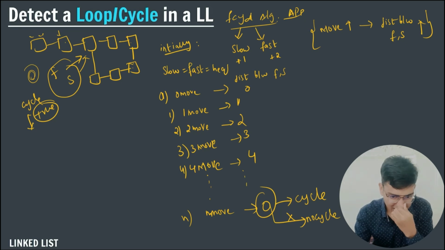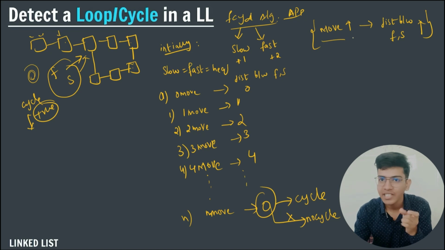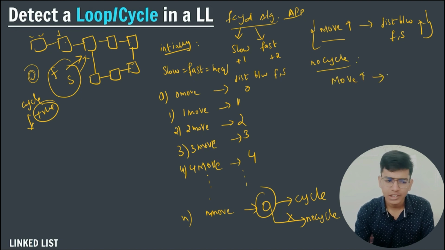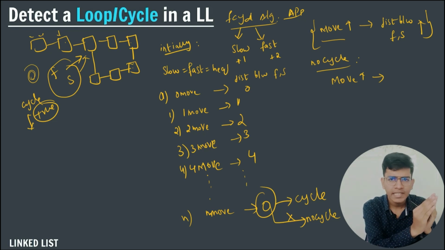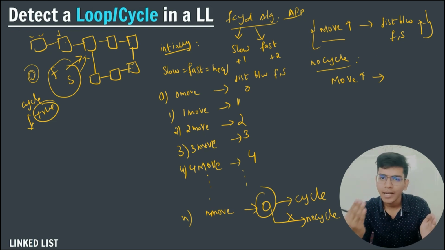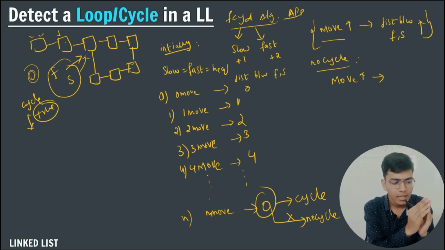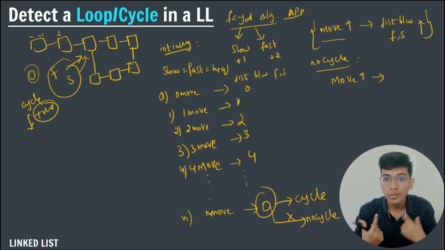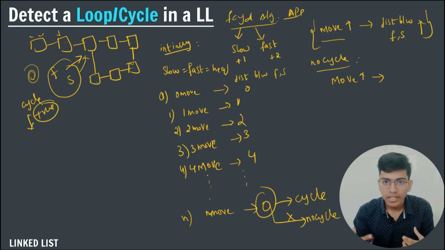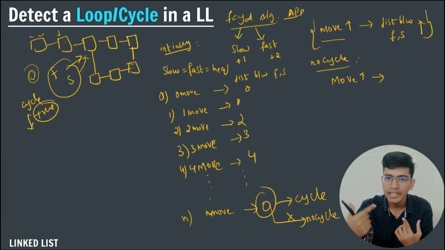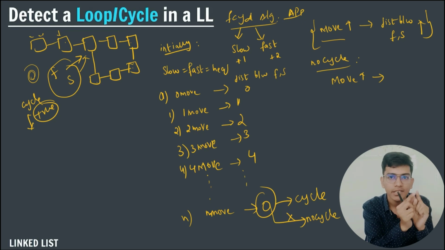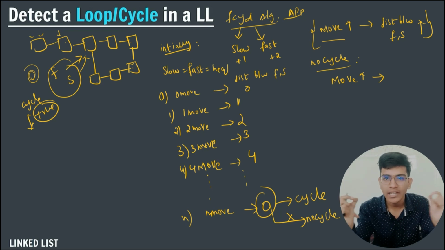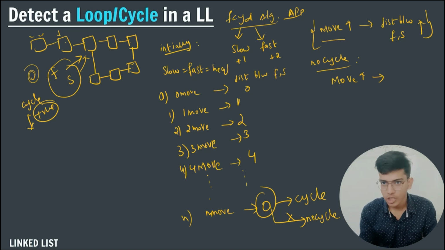You can observe one thing: as moves increase, let us consider that there is no cycle in my linked list, so as moves increase, the distance will also increase mathematically. If a pointer is moving by 1, then it will follow an arithmetic progression. If the pointer is moving by 2, then it will get increased by 2 times at each iteration, whereas the slow pointer will get increased by only once, such that the distance between slow and fast will increase at each and every iteration, right?